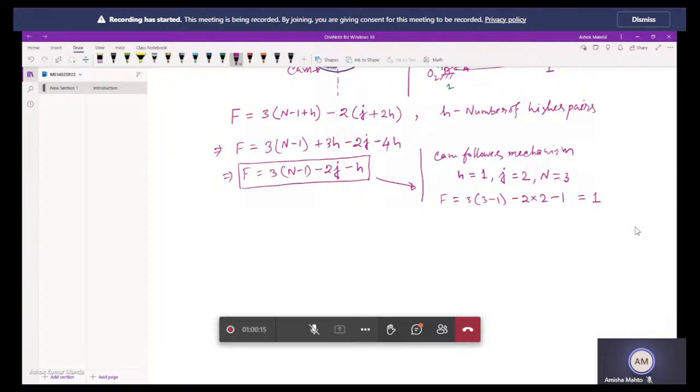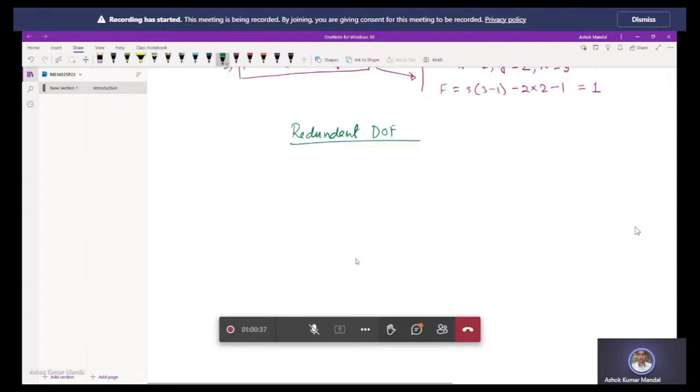We now will discuss a case which is called redundant degree of freedom. Now, what is a redundant degree of freedom? First, let us understand what it is. First, let me write down the definition.